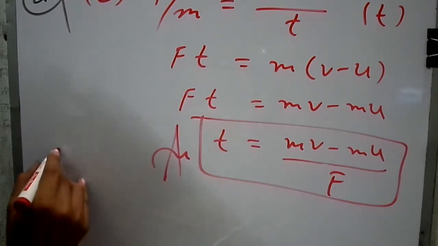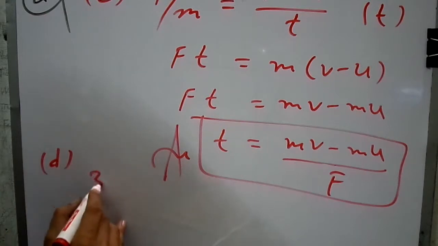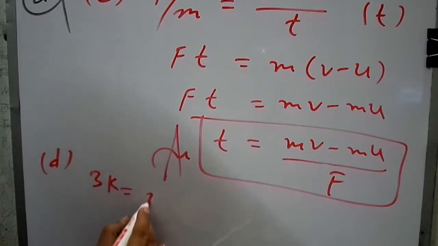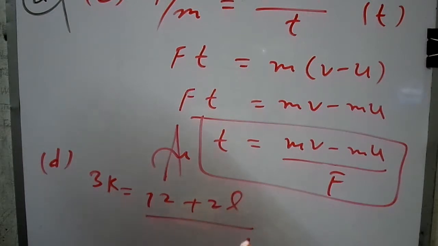In d part, 3k is equal to 12 plus 2L divided by 5. You need the value of L. By using cross multiplication you will get 15k is equal to 12 plus 2L. 2L you need, so shift 12 here, so 15k minus 12 is 2L.